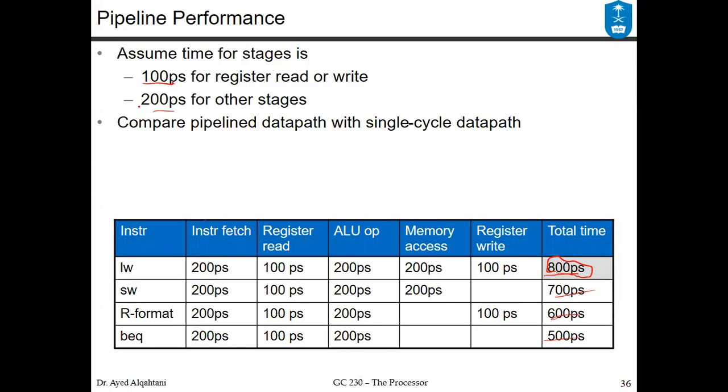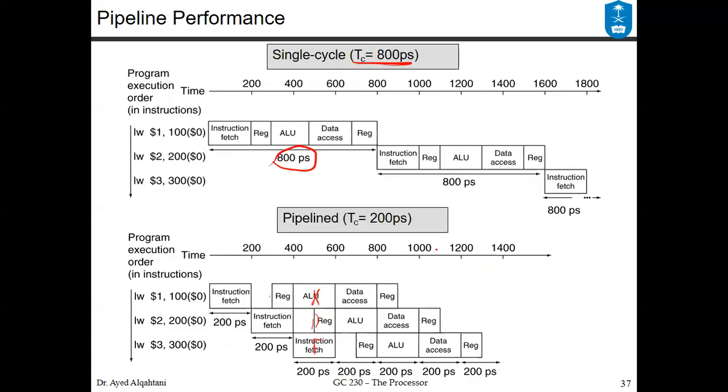So we know that the pipeline cycle time is 200 since it's the maximum. And you can see it when we draw this timing diagram, the single cycle timing diagram, or actually this is the multi-cycle timing diagram. We found that this is taking 200, and when it's 100, we had a gap here where we do nothing, and then do the register read.